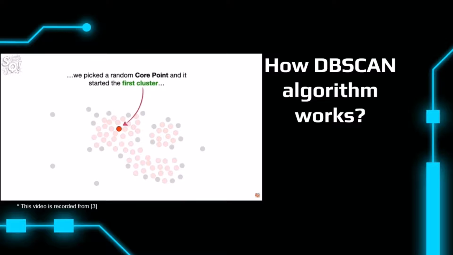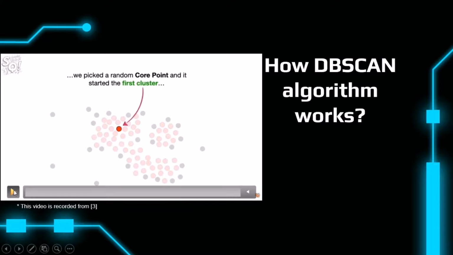Just for your information, I will briefly describe how the algorithm works, and then we will see a video. First of all, we find all core points in our dataset. As you see here, these red points are core points. Then we pick a random core point and create our first cluster.